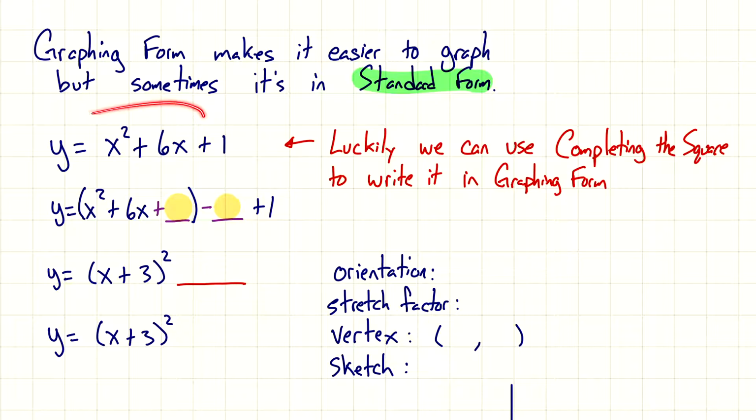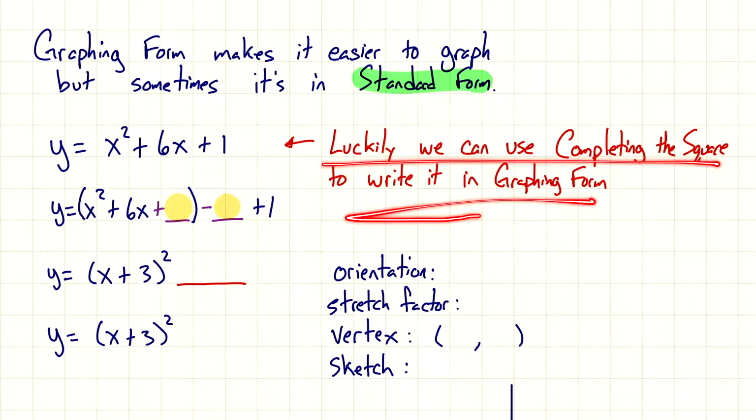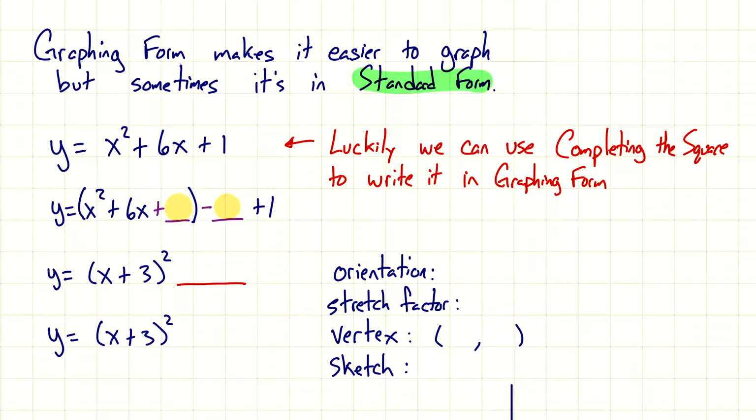So we could factor this. We could try to factor it and see if we could figure out x-intercepts and go from there. So it's not impossible, but it's a lot more algebra work. But luckily, we could use completing the square to write it in graphing form. So this is something else we learned earlier in the year, was how to complete the square.